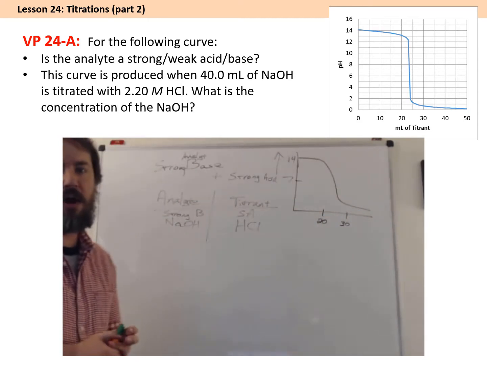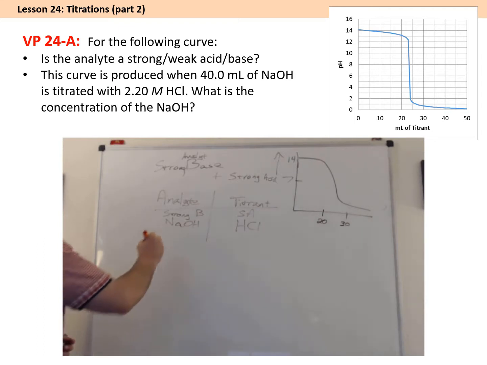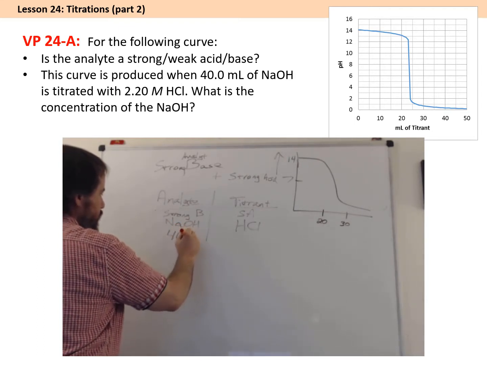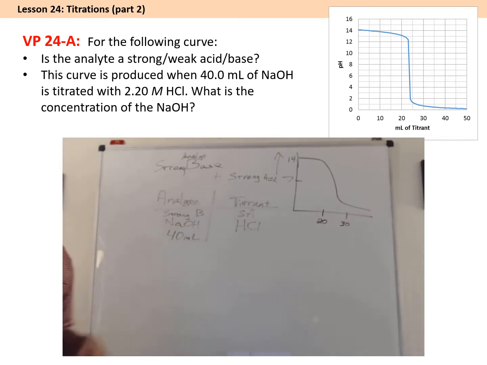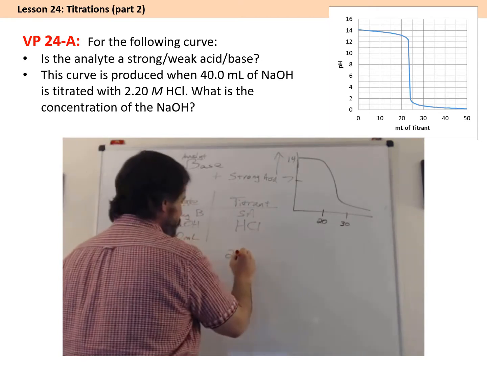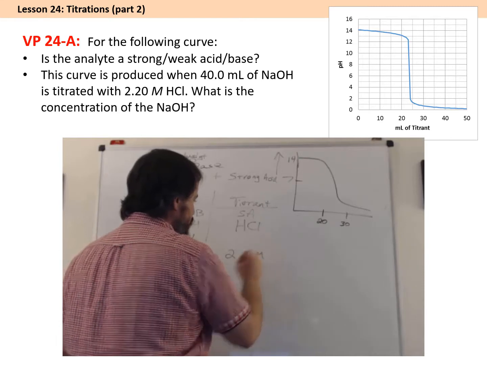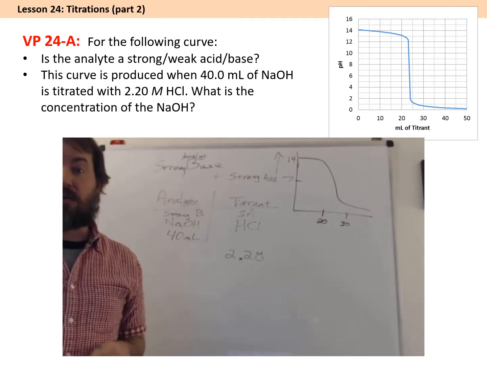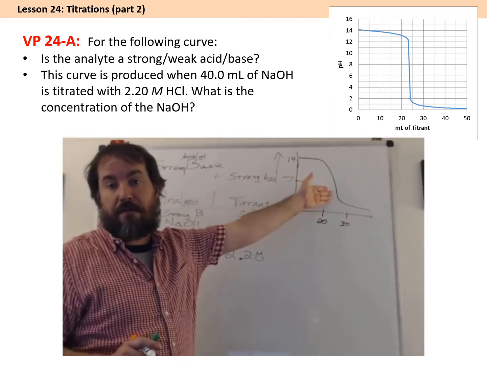So what do I know about my NaOH? I know I have 40 mLs of it. What do I know about my HCl? I know it's 2.2 molar. Do I know anything else? Well, I have this curve.